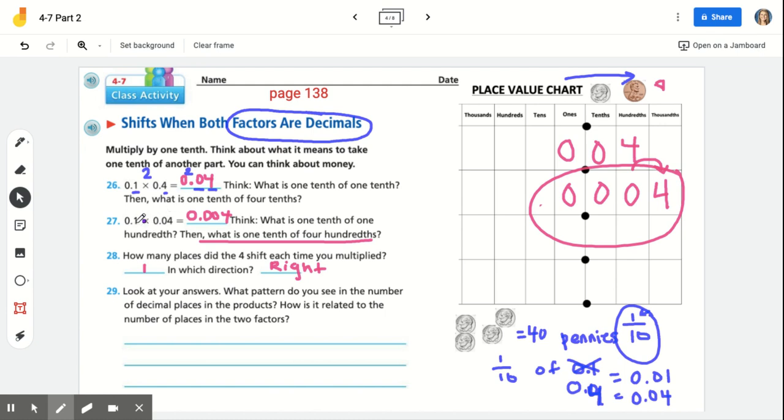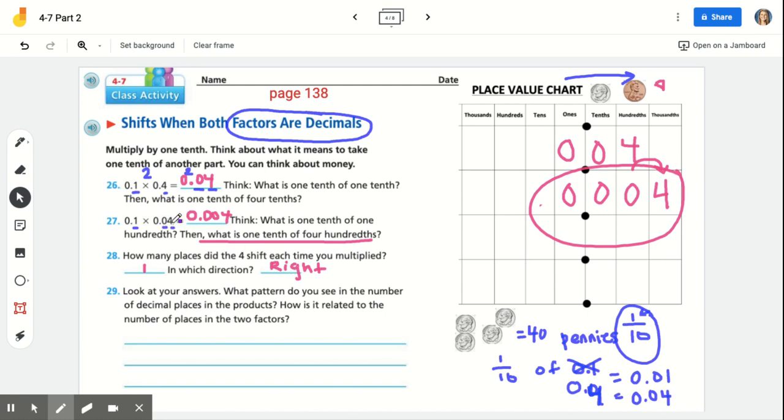Let's do the same thing for 27. How many decimal place values are there in both factors for 1/10 times 400ths? Let's underline and count. For 1/10, there's 1 decimal place. For 400ths, how many decimal places are there? 1, 2.